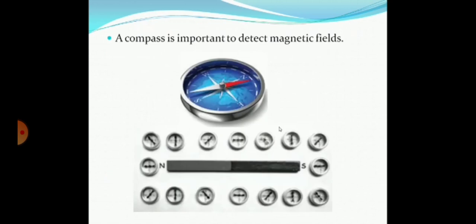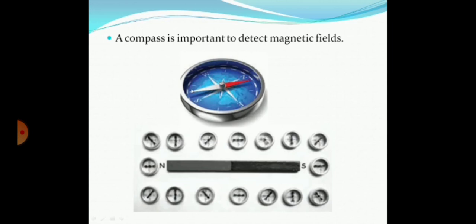A compass is important to detect the magnetic field. Now you can see in this compass there is a needle, and the red end of the needle is the north pole of the needle and the other end is the south pole.